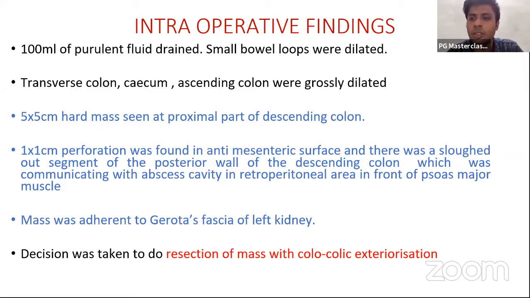Okay. Yes. So options were, we could have done resection of the mass with double barrel exteriorization. Is it possible in colon, double barrel exteriorization, particularly with a descending colon lesion? So what other thing can you do?